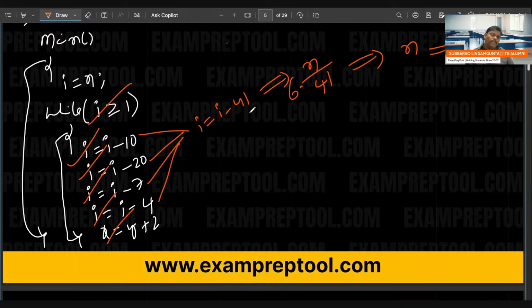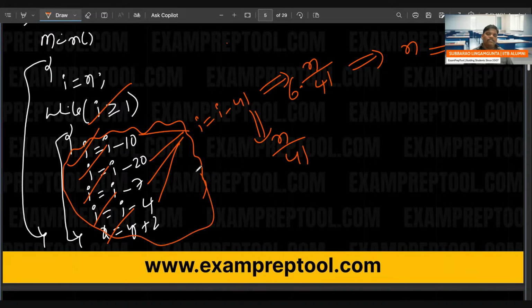Some people used to write like this also. So n by 41, forget about it, right? This all are one statement only. They will consider all as one statement because processor will do many statements in a second. In a fraction of second it will do lakhs of operations, millions or billions of operations.